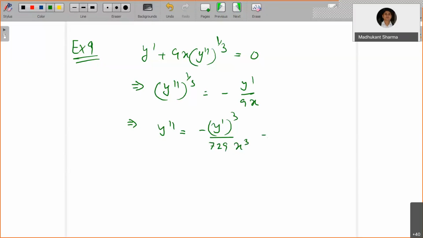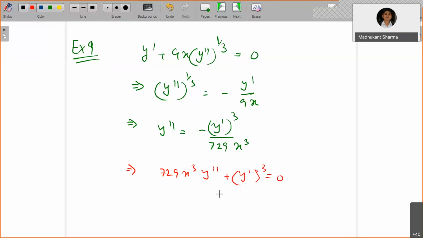So now the final equation is 729x cube times y double dash plus y dash cube is equal to 0. So this is the form which we want.